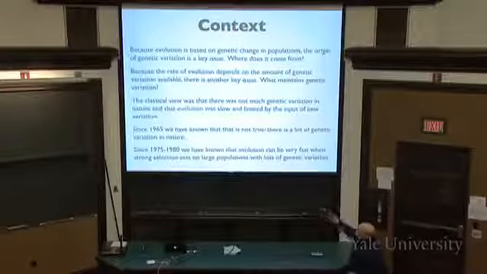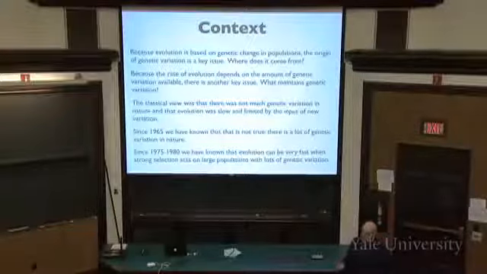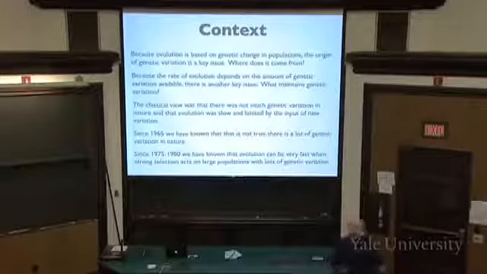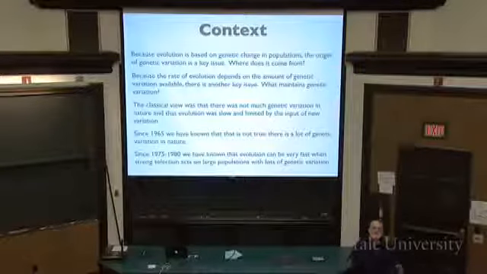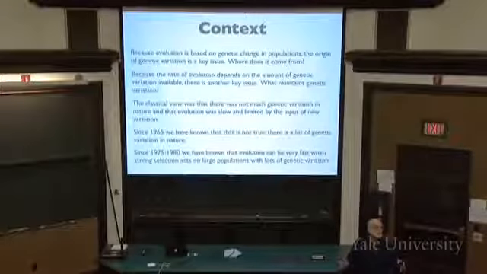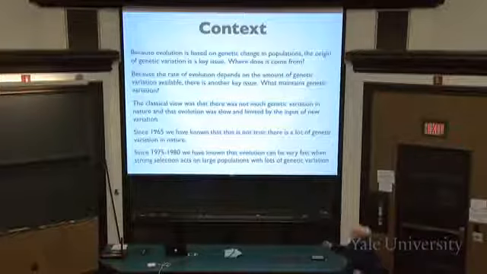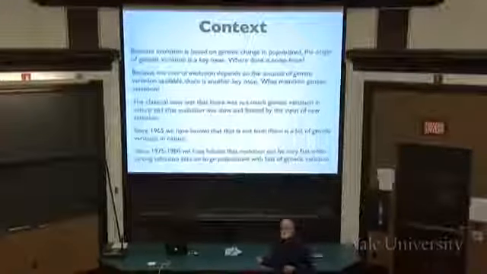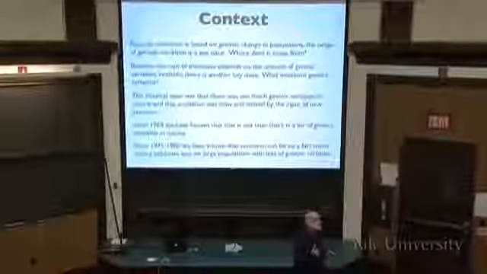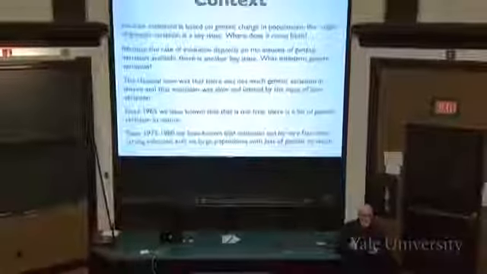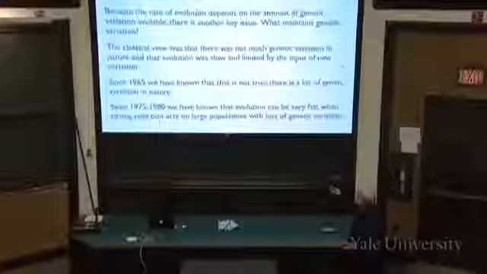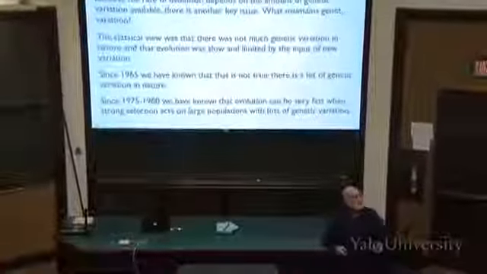At that point it was thought there wasn't very much genetic variation out there, and that evolution was actually limited by the rate at which genetic variation was created. Since 1965, with the discovery of protein isozymes, and especially now, since the discovery of ways to sequence DNA very cheaply, we know that's not true. There is a tremendous amount of genetic variation in nature, and I'm going to show you some of it this morning.